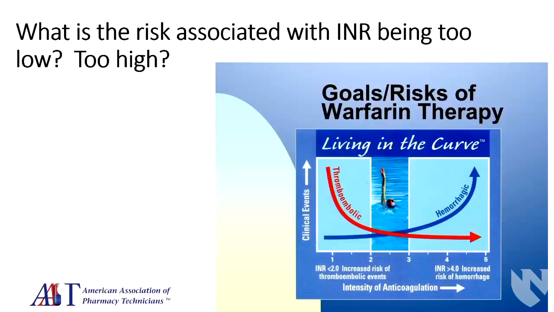As the INR gets higher, the thromboembolic risk reduces, but then the hemorrhagic risk goes up. So that INR 2 to 3 target is really where those two lines intersect and where the curve is the flattest. And up to 3.5 or even up to 4, the curves are still fairly flat. It's really when the INR gets up above 4 is where the hemorrhagic risk kind of takes off.